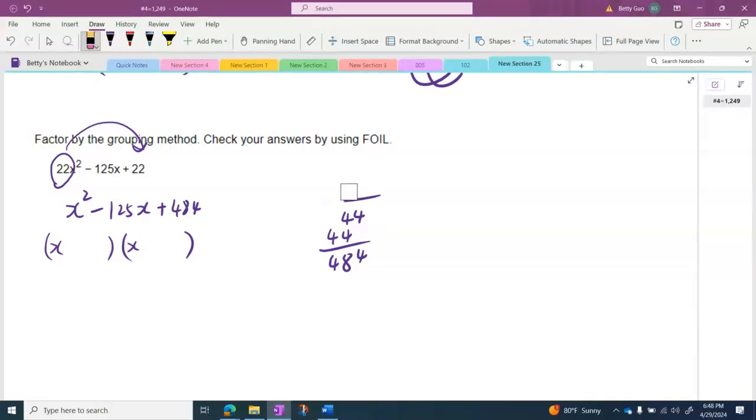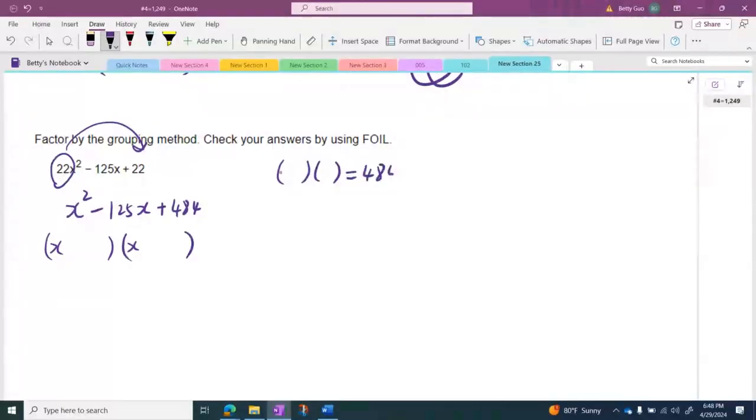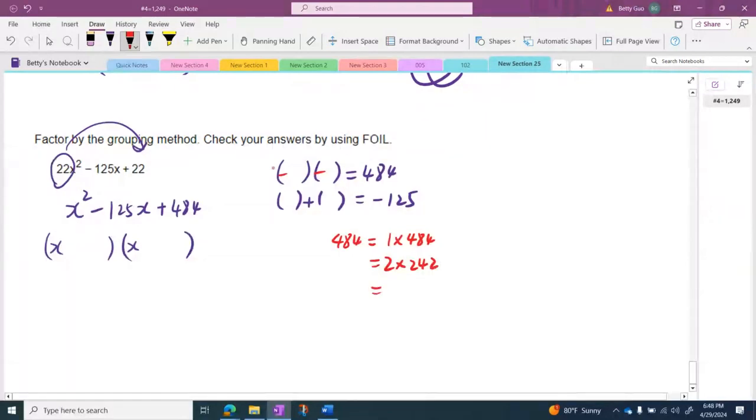We need to find two integers that multiply to 484 and add up to negative 125. They must both be negative. 484 could be 1 times 484, 2 times 242, 3 doesn't work, 4 times 121. Oh, there we go.